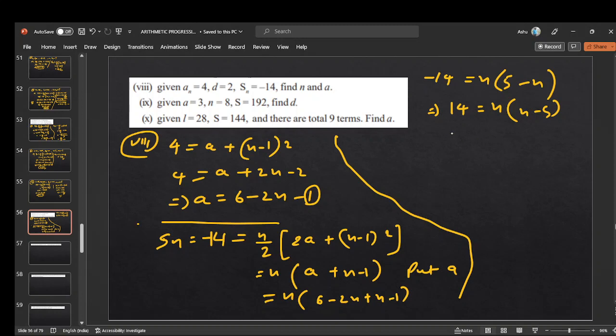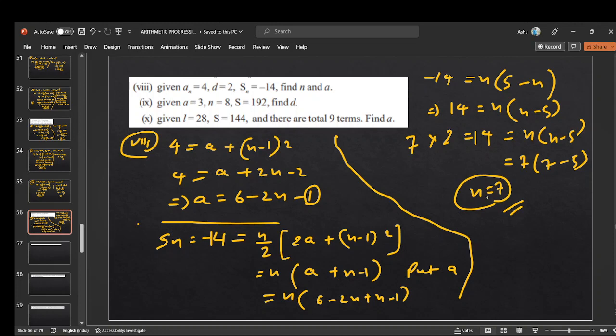If this is 14, then 7 into 2, and 7. It's 14, which is equal to n into n minus 5. If we take 7, then 7 minus 5 is 2, so n is 7.